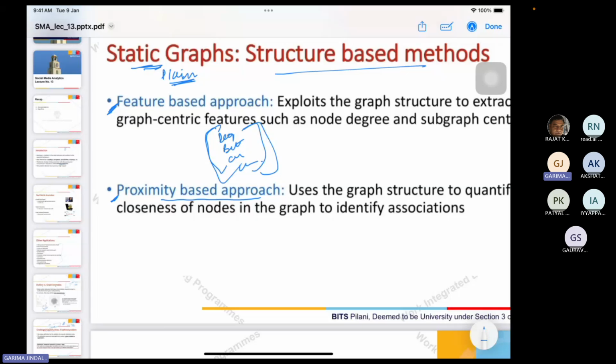In this, we will have one node and we will try to see how close this node is to the other nodes. Based on the proximity, I can identify whether a node is anomalous or not. Basically, we are going to quantify the distance. If the distance of a particular node from the graph is more, then that can be considered an anomaly.